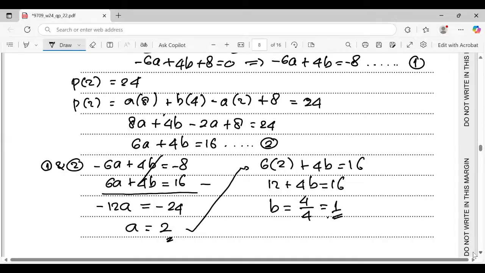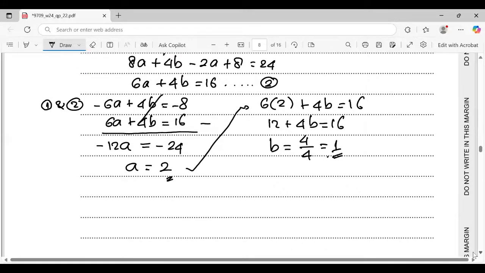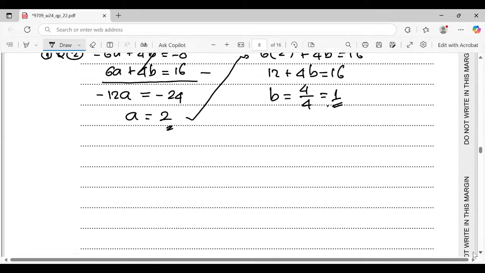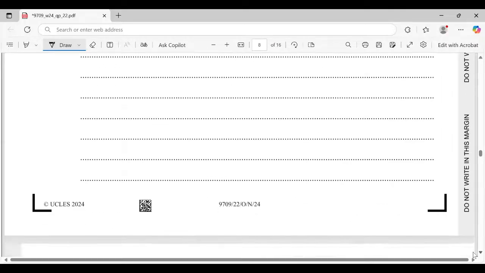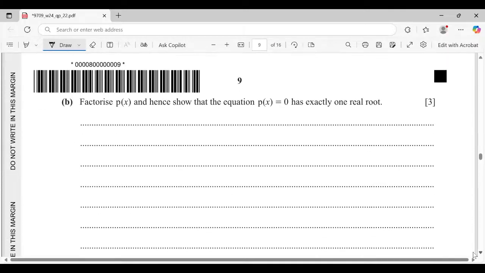Next question. Factorize P(x), hence show that the equation P(x) equals 0 has exactly one real root. So we are going to show that P(x) equals 0 only has one real root.